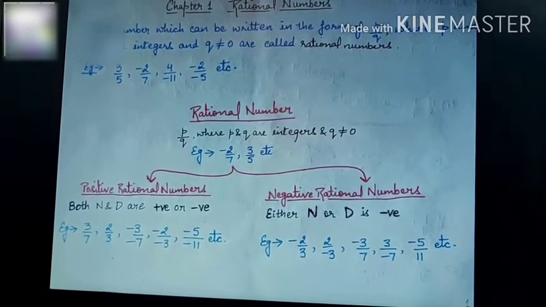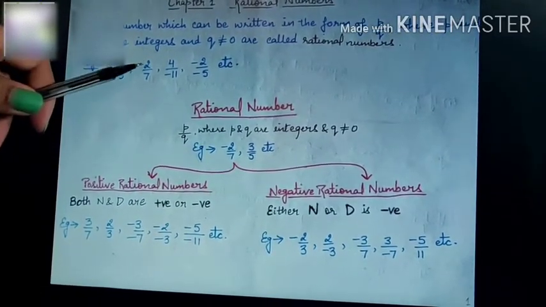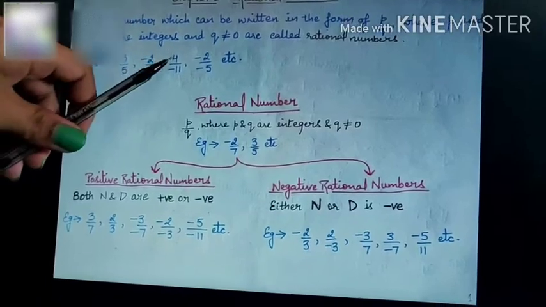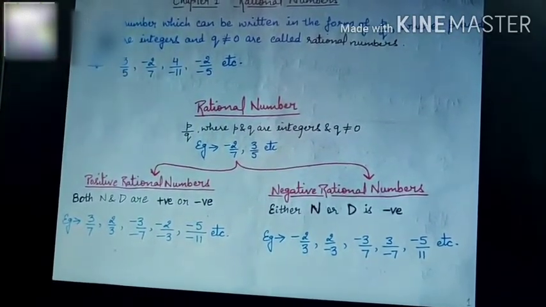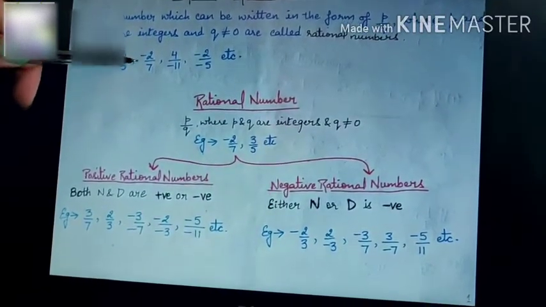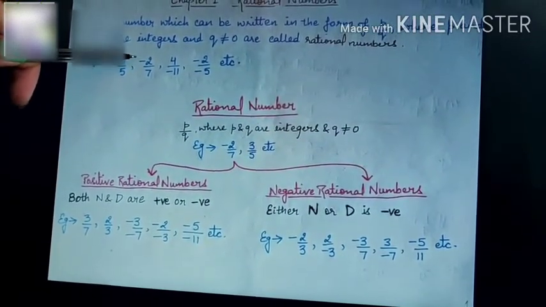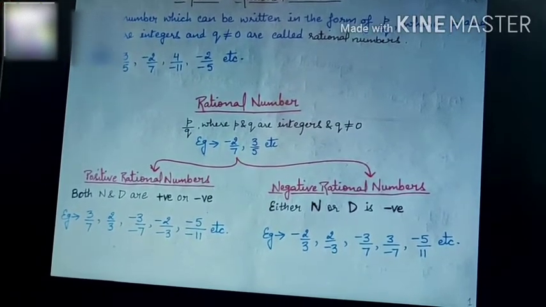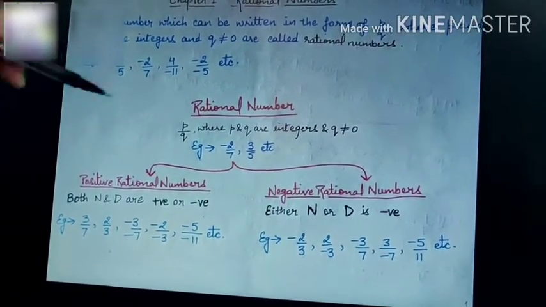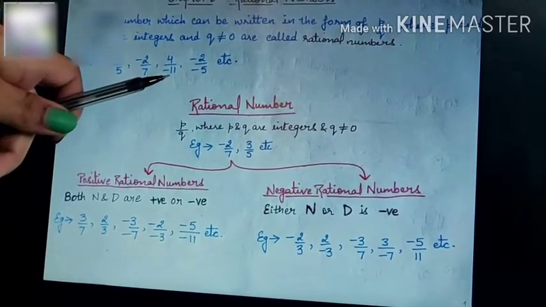Here are some examples like 3 upon 5, minus 2 by 7, 4 upon minus 11, minus 2 by minus 5. Minus 2 is a negative integer, 7 is a positive integer. So it can be any integer, but the denominator should not be 0.